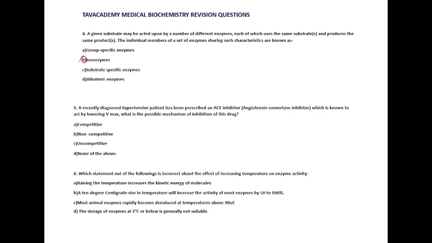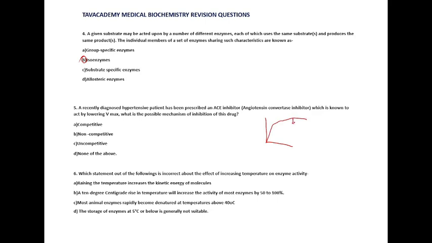Question 5. A recently diagnosed hypertensive patient has been prescribed an ACE inhibitor, e.g. captopril, as angiotensin convertase inhibitor, which is known to lower the Vmax. So let's say this is the Michaelis-Menten graph now. This is a normal Vmax here.